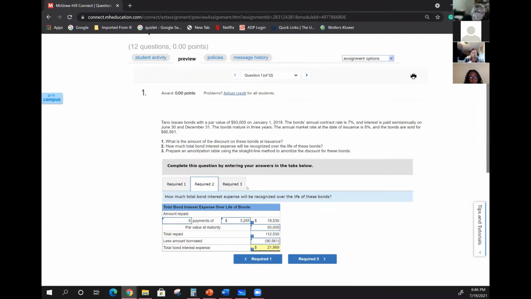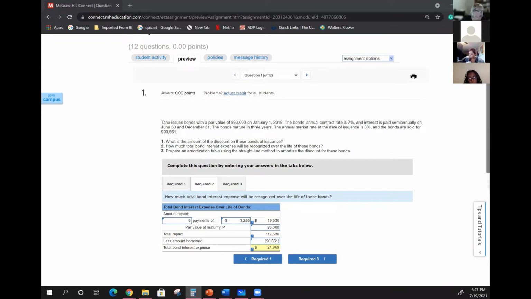The way you would figure that out is take your 93,000 and multiply it by the 7%, which gives you $6,510 for the year. Divide it by 2, because you're going to have 2 payments for the year, and you come up with your $3,255. 6 payments is because you have 2 payments per year and there's 3 years.